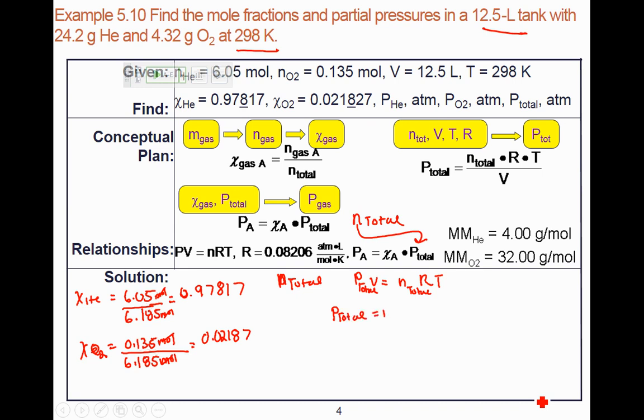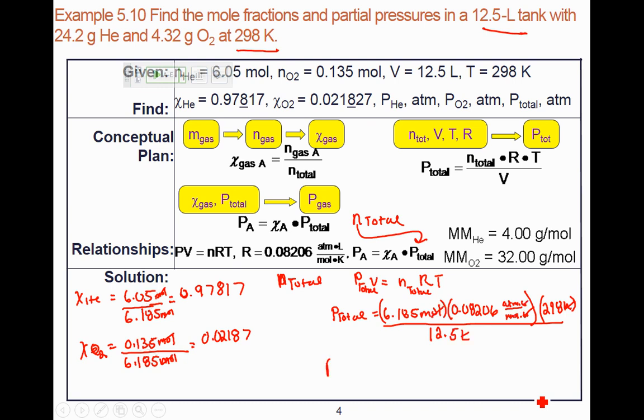it's just going to be our N total, which is 6.185 moles. Remember, this must be in moles. Times R times temperature in Kelvin, which it is in Kelvin, so we don't have to do any conversions, and all divided by volume, which is already in liters.